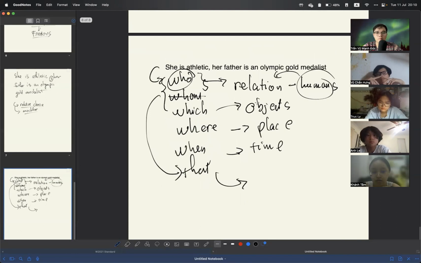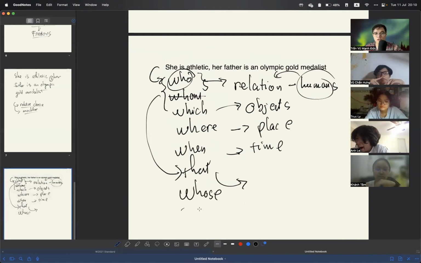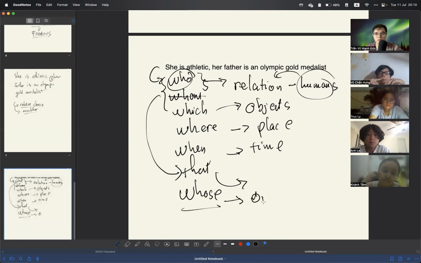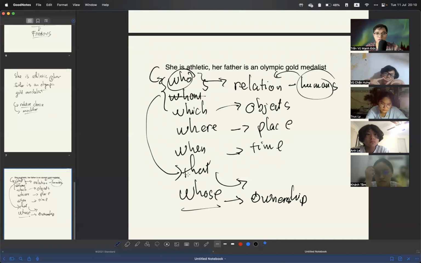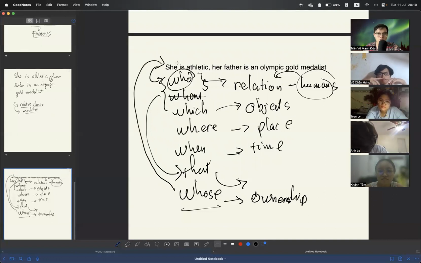Oh, I forgot this one. Very important. Whose is the ownership. Can you use it in a sentence for me in this one? Turn this sentence into a relative clause using whose.